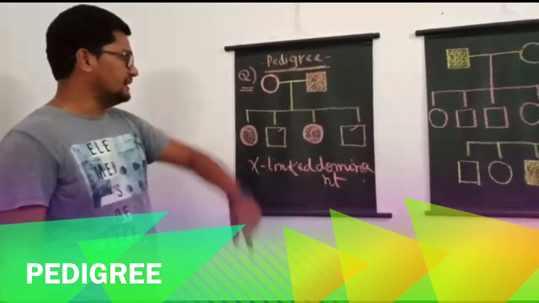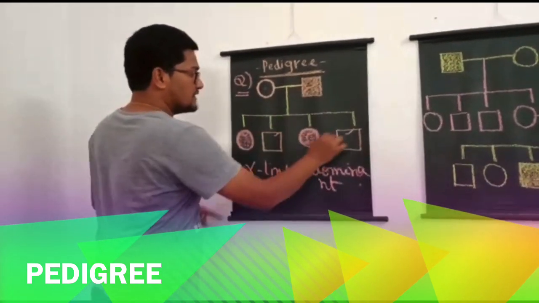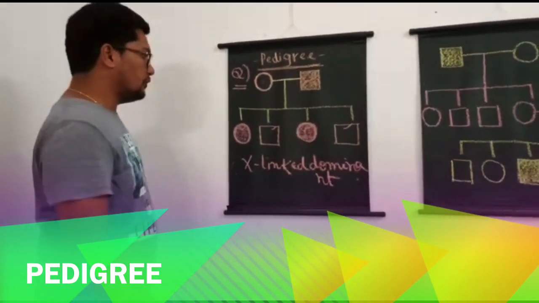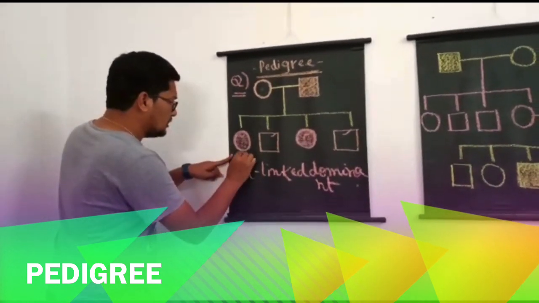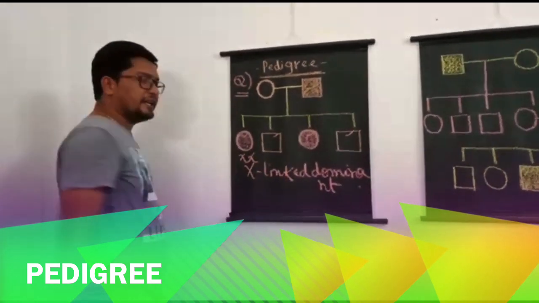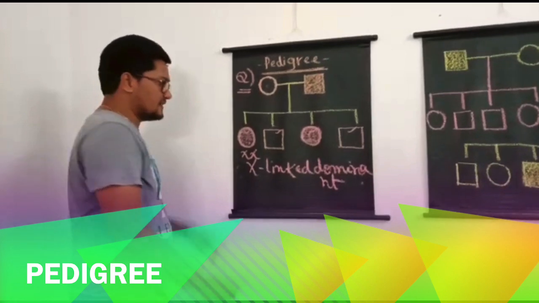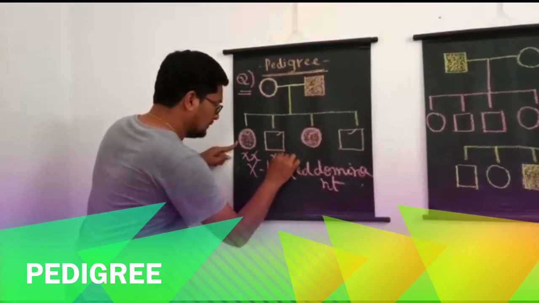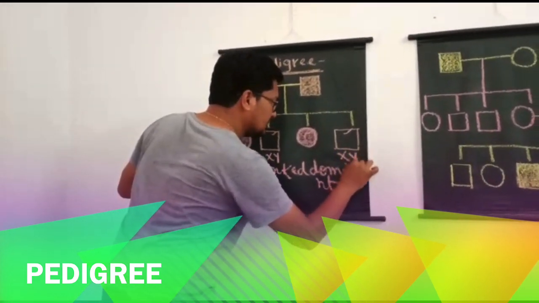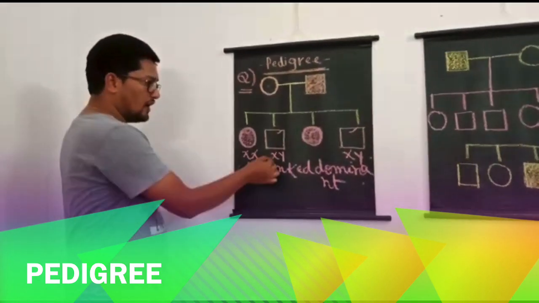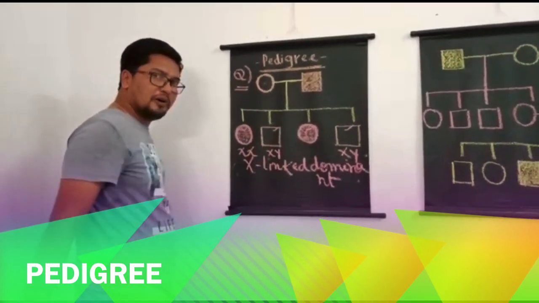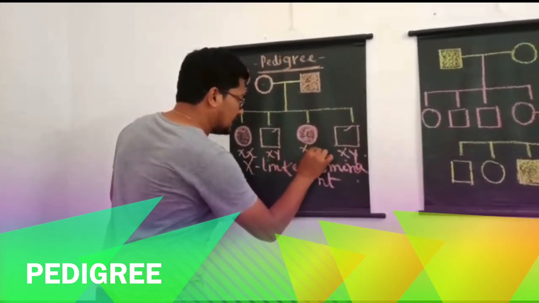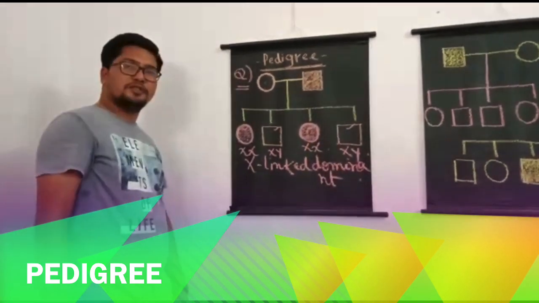You can see here, this couple has 4 children, and out of those 4 children, how many are daughters? 2 are daughters. Daughter karyotype is always XX, and 2 are sons, that is XY, one copy of X chromosome, one copy of Y chromosome. Another daughter, 2 copies of X chromosome.